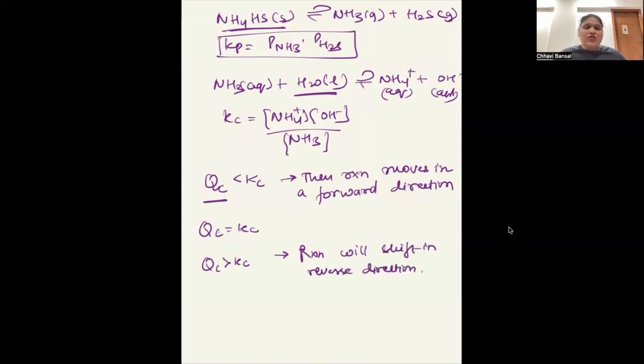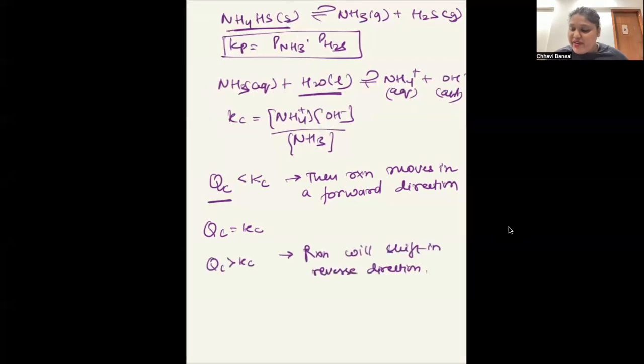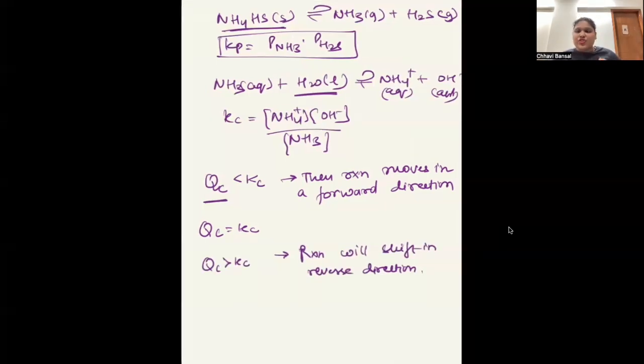This is possible if you add a product from outside or remove the reactant from the reaction. Then QC can be greater than KC and the reaction will shift accordingly to nullify the effect.